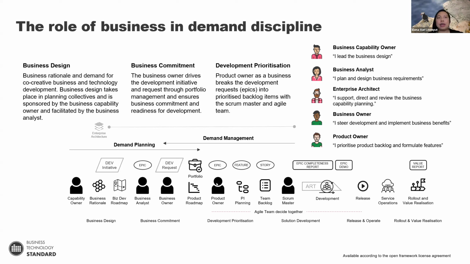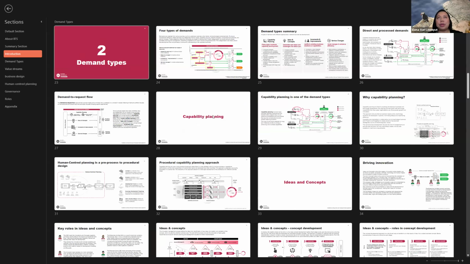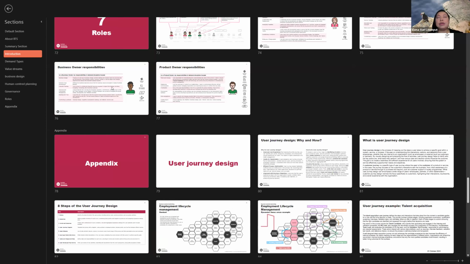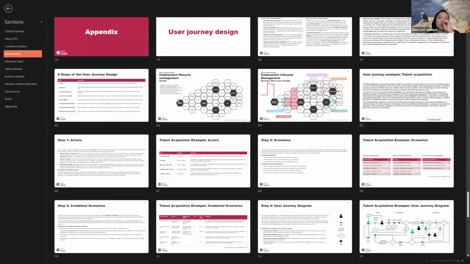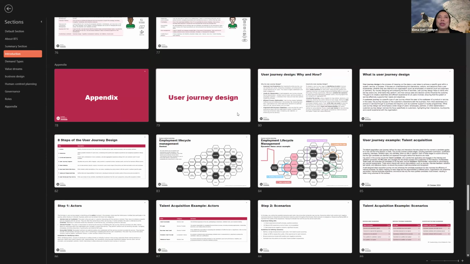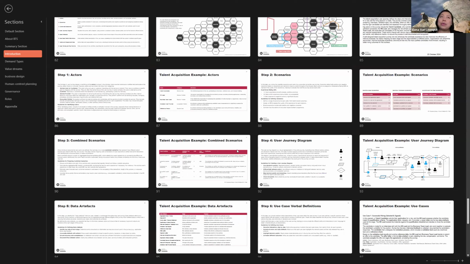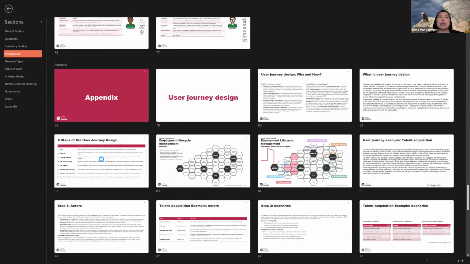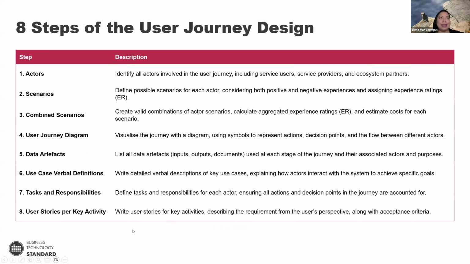We have here the different roles that you can read about, what responsibilities they have, and then there's an appendix that has some extra material which will be finalized before we distribute. The user journey design, how that looks like, is an example of how you can do the user journey design, and this is also an AI-based procedure or guide.